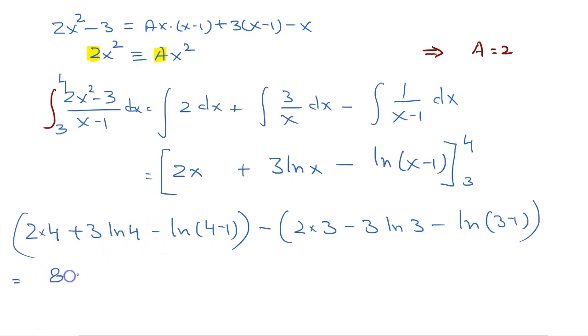So this is 8 plus, this can be written as ln 4 to the power 3 divided by 3, minus 6, this is plus, not minus, so plus ln 3 to the power 3 over 2.